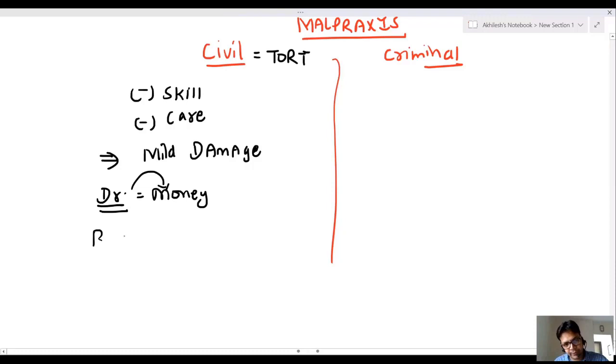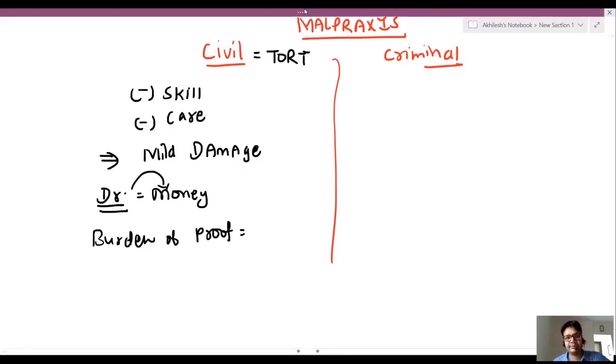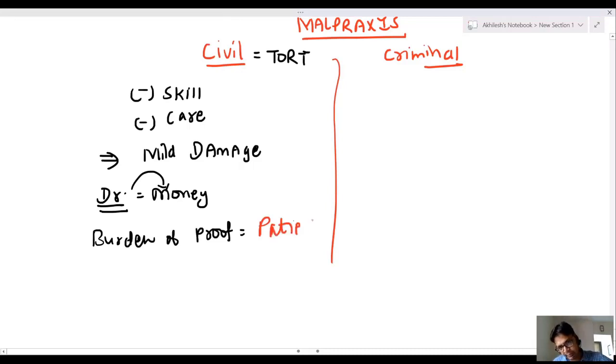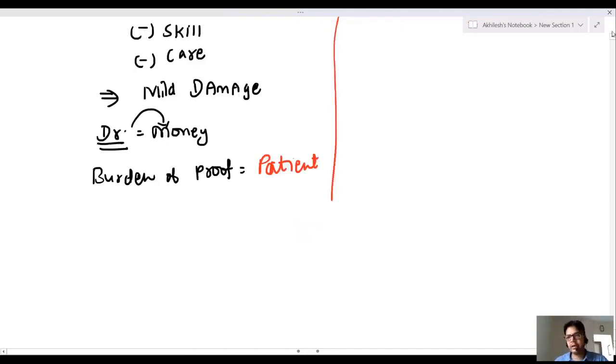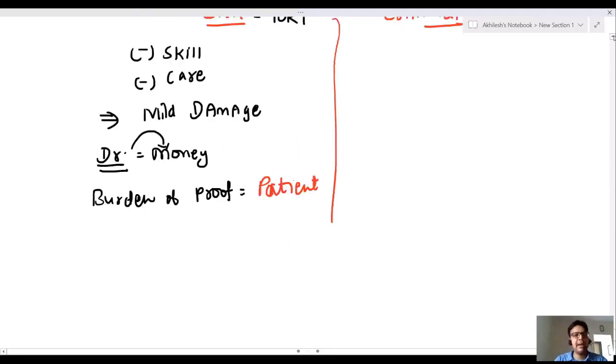Burden of proof, onus of proof: the patient has to prove this. Lack of skill, lack of care, mild damage, doctor gives money, burden of proof on the patient. Example: overdose, leading side effect, wrong prescription card.